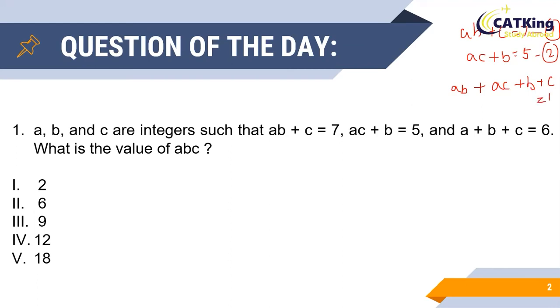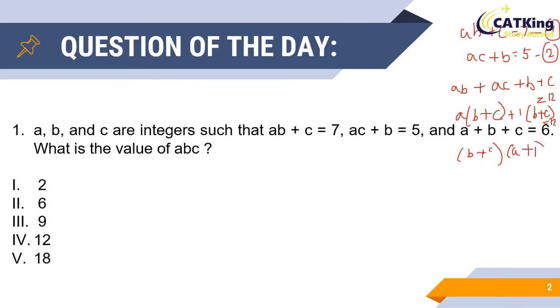On factorizing, we obtain a into (b plus c) plus 1 into (b plus c) is equal to 12. Hence, we obtain (b plus c) into (a plus 1) is equal to 12.